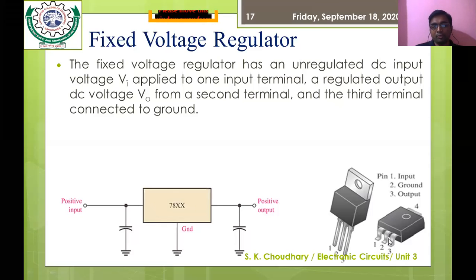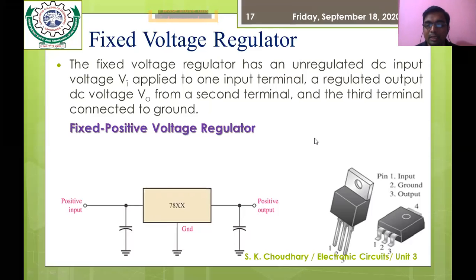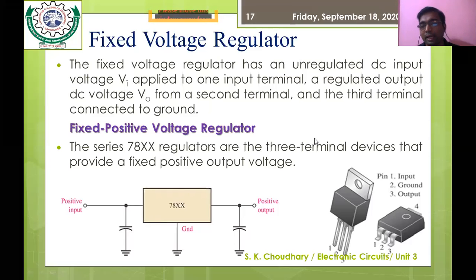The fixed voltage regulator has an unregulated DC input Vi applied to the input terminal, and the regulated output DC voltage V0 from the second terminal, and the third terminal is connected to the ground. So there are three terminals basically. Numbering of the terminals could depend upon the manufacturer or number of the IC, whether it is 7805 or 7812 or whatever; different types of fixed voltage regulators have different pin numbers.